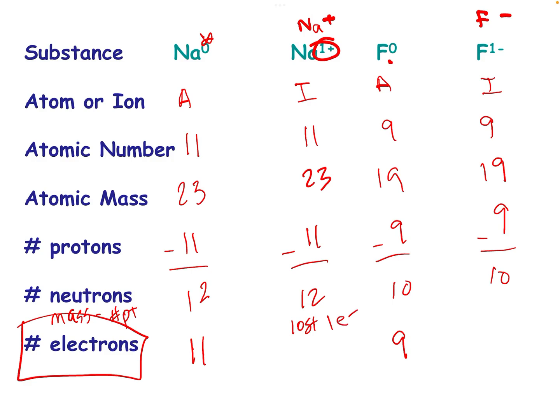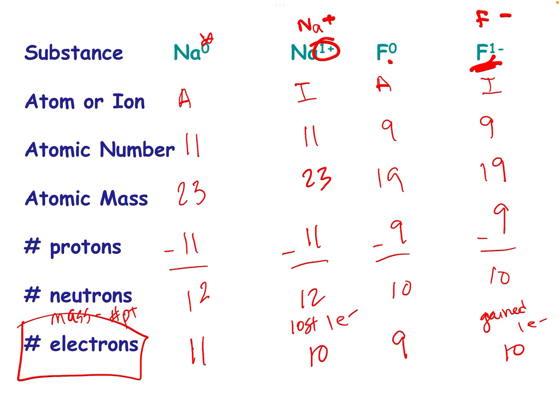And so if I've lost 1 electron, I would have 1 fewer than the protons, which would be 10 here. In the case of my fluorine, I'm -1. I've gained 1 electron. So I normally have 9, but now I have 10.